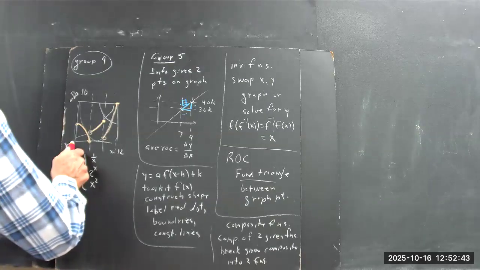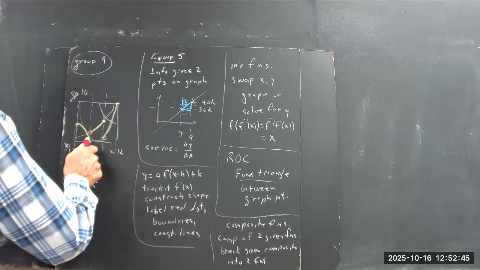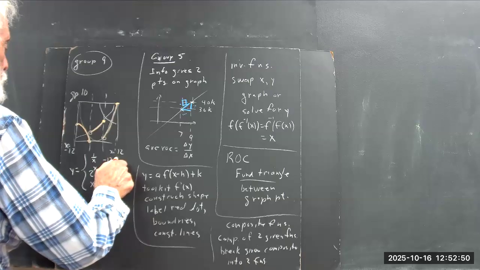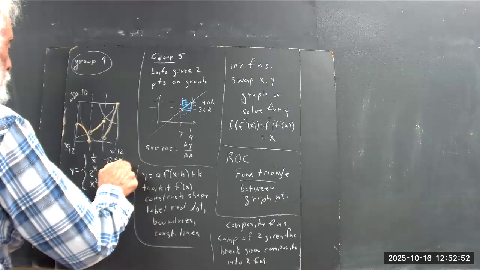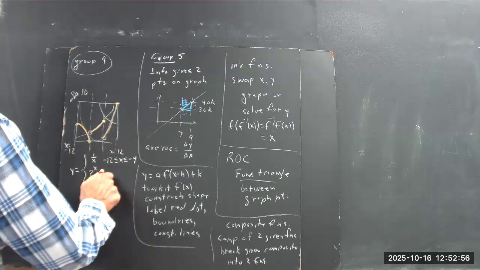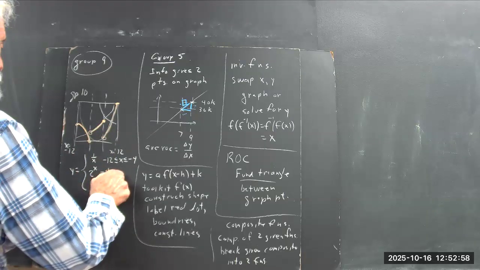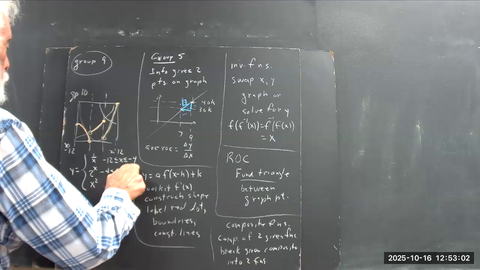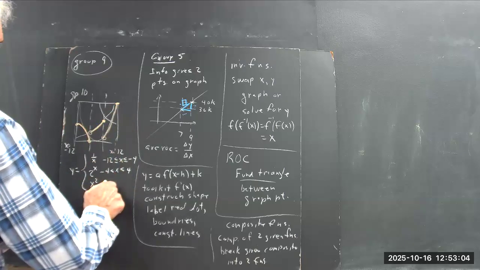Then maybe this is from negative 12 to negative 4. This one from negative 4 to 4. And this one from 4 to 12.